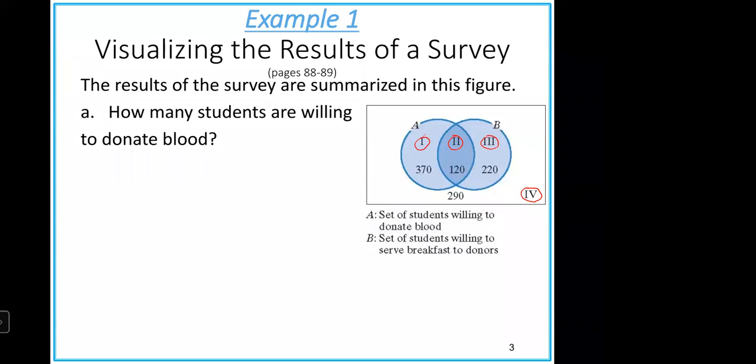In the intersection, we have 120, inside of A, but outside of the intersection is 370. Inside of B, but outside of the intersection is 220. And then outside of the circles altogether is 290. So they're asking some questions. The first question is, how many students are willing to donate blood?